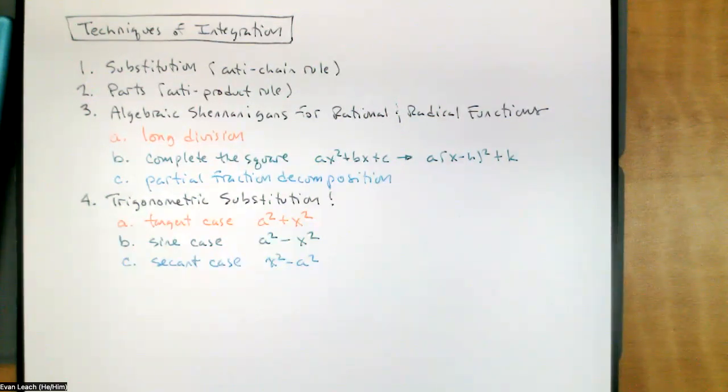More importantly, what determines the case that you're in? The tangent case is a squared plus x squared, where we're just adding the x squared and a squared. The sine case is a squared minus x squared, where the secant case is the opposite of that, x squared minus a squared. So we have three cases for trigonometric substitution.